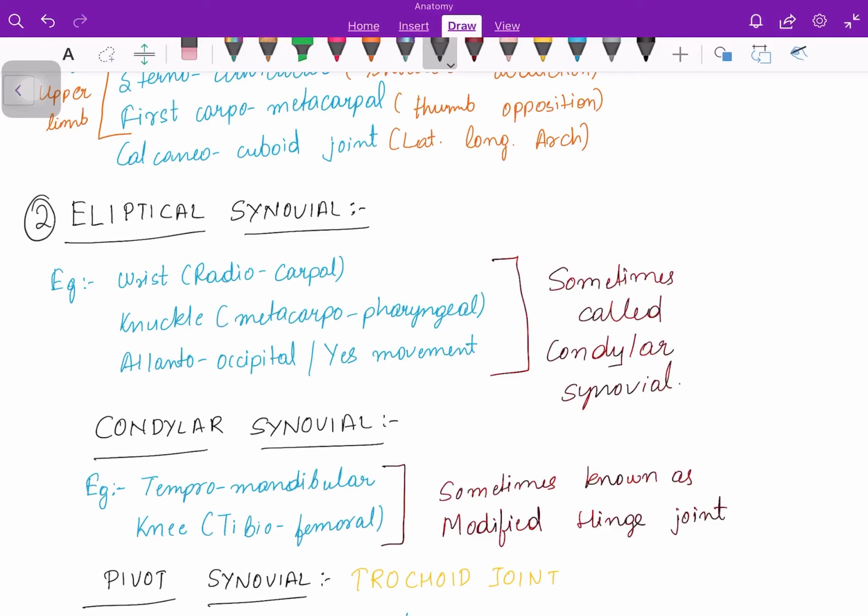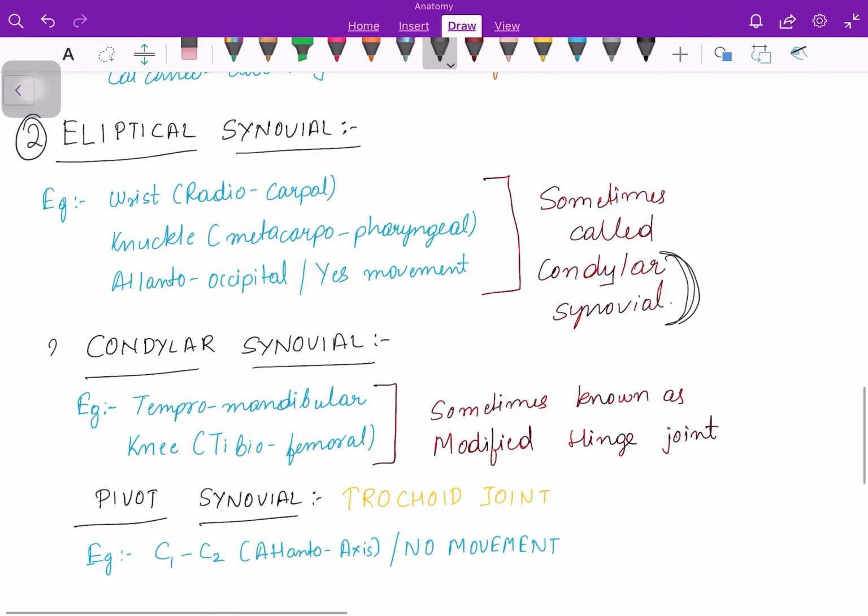These three examples are basically elliptical synovial, but in some books and in some questions we also get them as condylar synovial joint. If the elliptical is not there in the options, then we can go for the condylar synovial, but firstly these are the elliptical synovial.